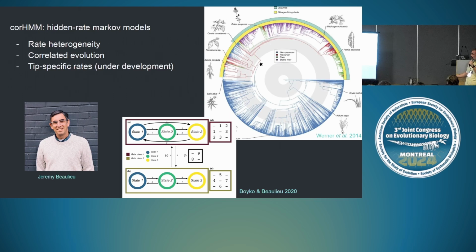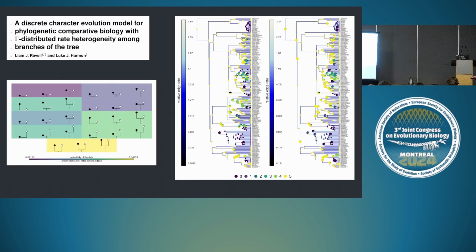The package also includes some correlated evolution models, and that allows us not only to test pairwise, but also to include more traits evolving together. But we are mostly interested in the possibility to obtain tip-specific rates, and I will tell you in a bit why we are interested in those tip-specific rates.